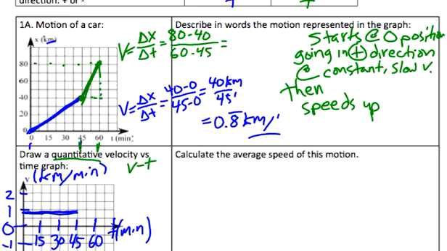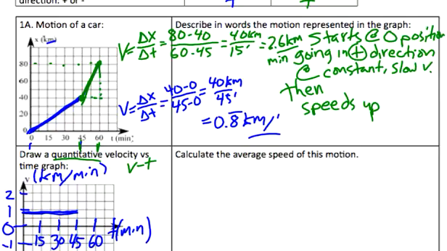So I'm going to get 40 kilometers over 15 minutes, which is 2.6 repeating kilometers per minute. And we can graph that between 45 and 60.